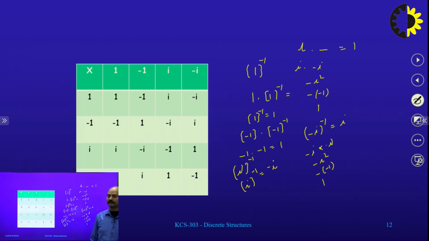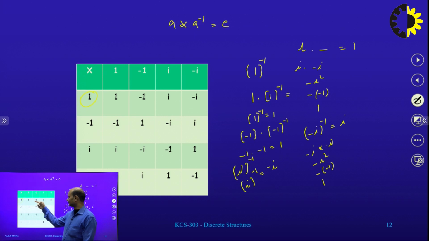And the second technique is how to check whether a particular element is the inverse of a given element. What is the 1 inverse? It says that A multiplied by A inverse becomes E. So, you have to find the identity element in this row. What is the identity element here? The identity element is 1 here. So, 1 inverse is 1, and for minus 1, we check the identity element, that is 1.